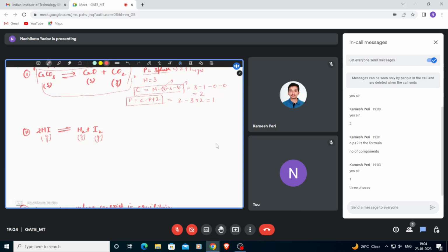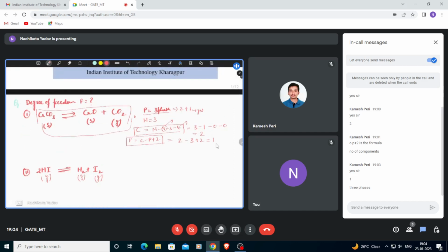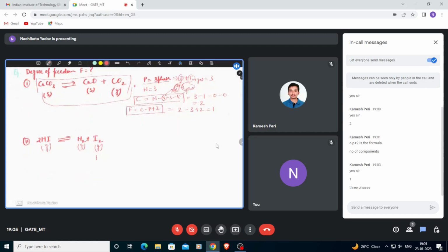All are gases, right? In the previous reaction, there were two solids, CaCO3 and CaO. At equilibrium they are solids, so we cannot mix each other, so there are two phases plus one gaseous phase, so the total number of phases is 3. But here all are in gaseous state, so we can mix, so the number of phases will be 1 at equilibrium. Are you getting it?